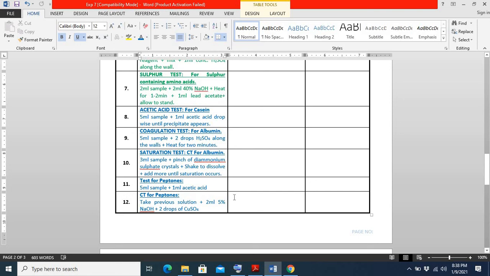If all these tests come negative, it is one more indication that the unknown sample contains peptone. For confirmation that peptone is present in the sample, we perform the peptone test, and then we reconfirm our result with test number 12.